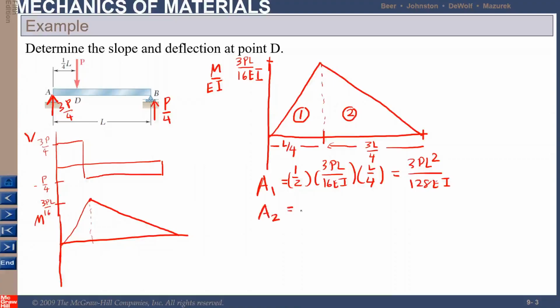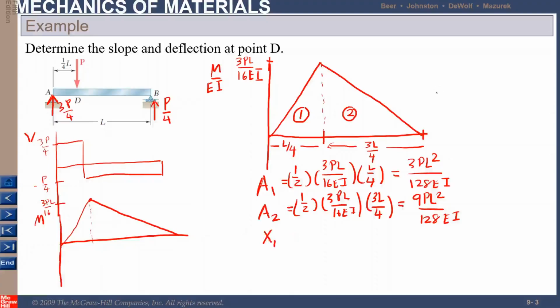Then we can find the value of A2, which is 1 over 2 times 3PL over 16 EI times 3L over 4. So over here, we will get the value as 9PL square over 128 EI. Then we can further calculate the value of x1 and x2.